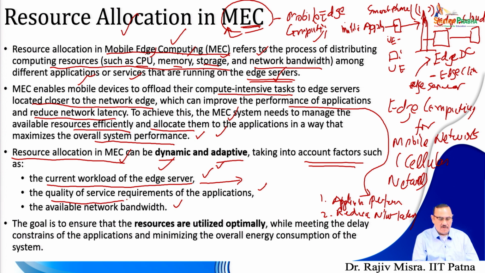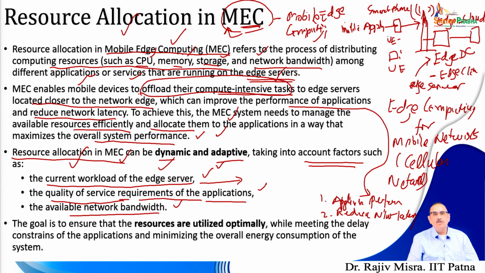Another important thing is the quality of service requirements of these particular applications. And the third important thing is available network bandwidth, so that this offloading, or the resource allocation in MEC, which is nothing but offloading these compute intensive tasks to the edge server, can happen.